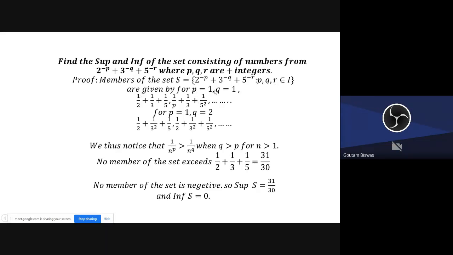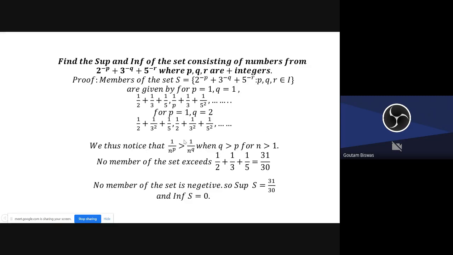Say p is equal to 1 and q is equal to 1 and r is 1, 2, 3, etc. So for p equal to 1, q equal to 1 and r equal to 1, this number. For p equal to 1, q equal to 1 and r equal to 2, this number. Next, for p equal to 1 and q equal to 2, and r equal to 1, this number, and for r equal to 2, this number. So you see how the numbers look.